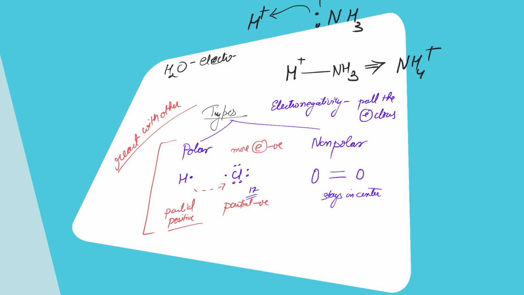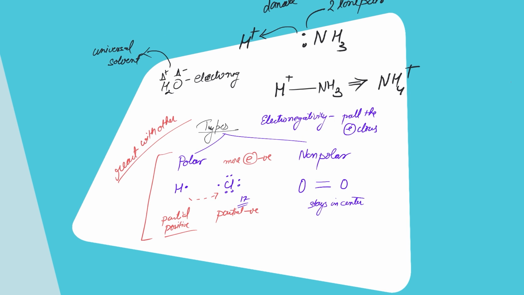And because it is more electronegative, it will try to attract the electron cloud towards itself and hence develops a partial negative, and hydrogen develops a partial positive charge. And this is one of the reasons why water is a universal solvent, because it interacts via these charges with many things that it dissolves, right?